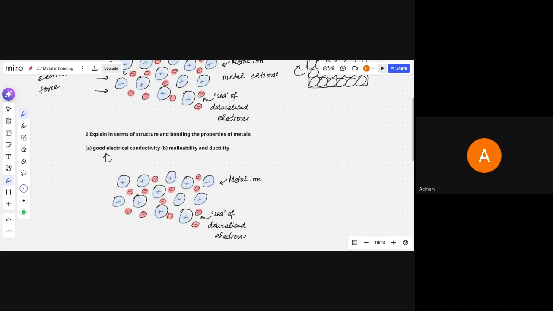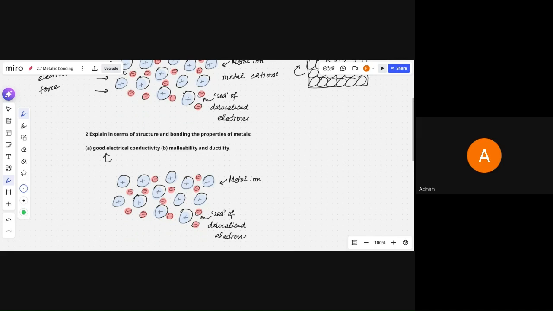We use aluminum foil for baking and packaging purposes. That is aluminum turned into such a thin sheet, right? That is malleability, the ability of something to change into a paper-like structure.